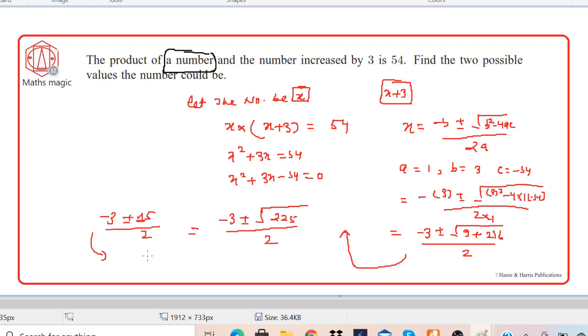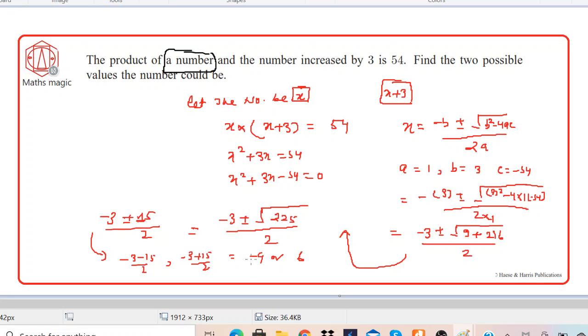Now we have to find separate answers: minus 3 minus 15 by 2, or minus 3 plus 15 by 2. So you get two possible answers: minus 18 by 2 which is minus 9, or minus 3 plus 15 is 12, and 12 by 2 is 6. So we got two answers, minus 9 or 6.